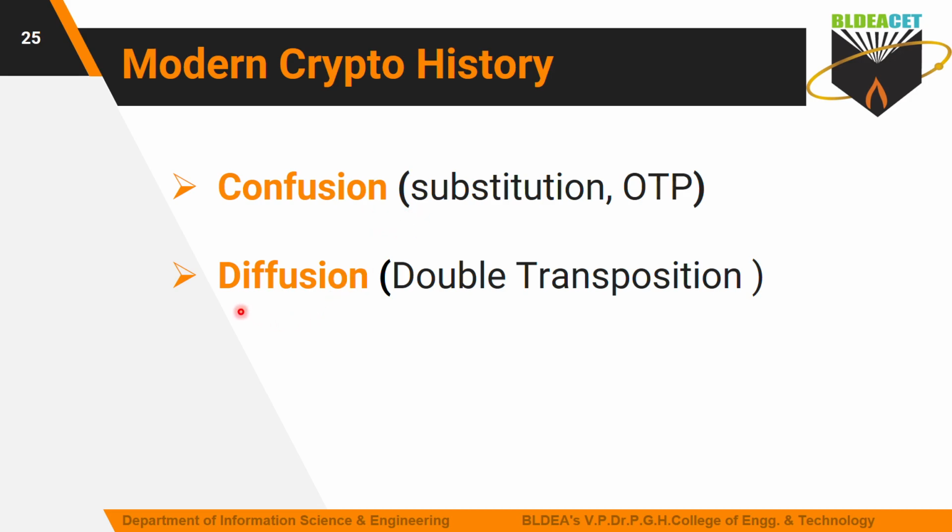Next is diffusion. Diffusion means interchanging, like double transposition. In double transposition, you are shuffling the position of the text. In substitution, you are replacing the characters, and in double transposition, you are interchanging or shuffling the characters. If you combine these two methods, you get the new method that we call modern cryptography.